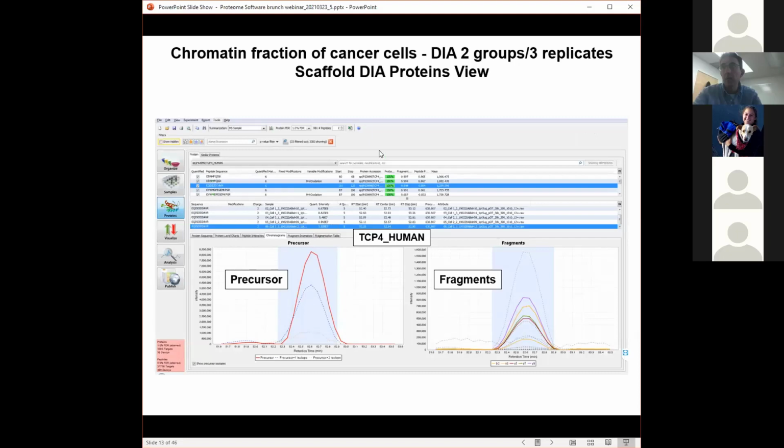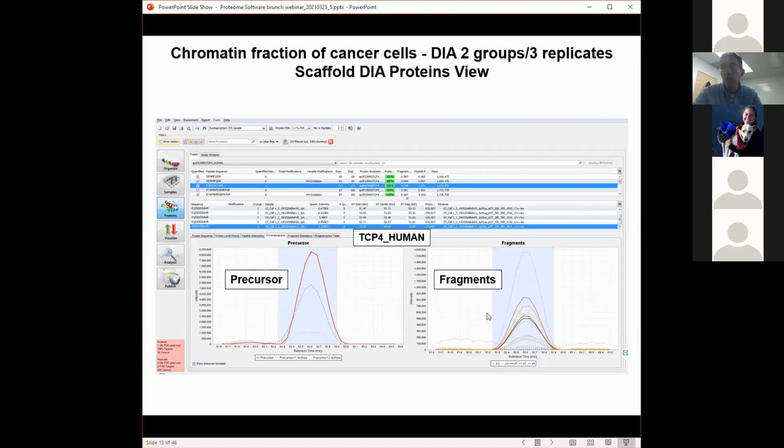In DIA, you're not going to have a standard spectra that you're used to from DDA, but what you can see is the peptide fragments that are coeluting. And these are the ones that are being used for quantitative analysis. The ones that are colored are the ones that are counted, but the others you can see are also coeluting. The precursor is shown here, but it's not used for quantitative analysis.